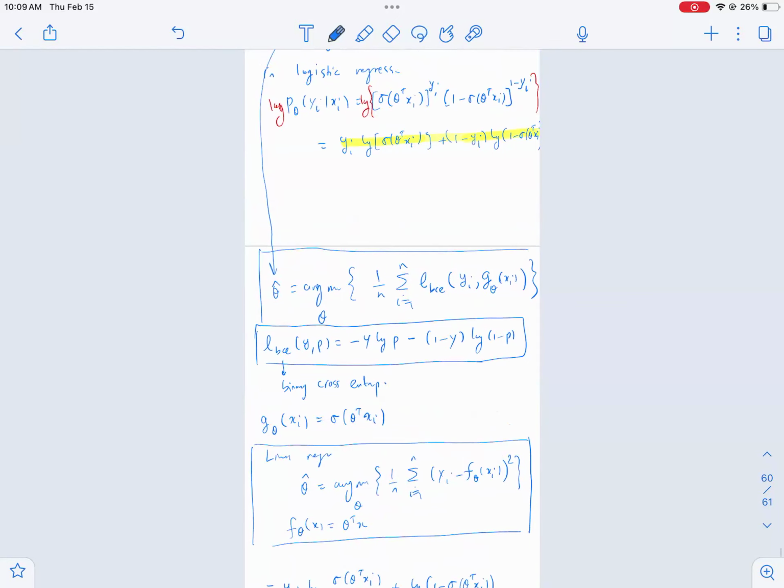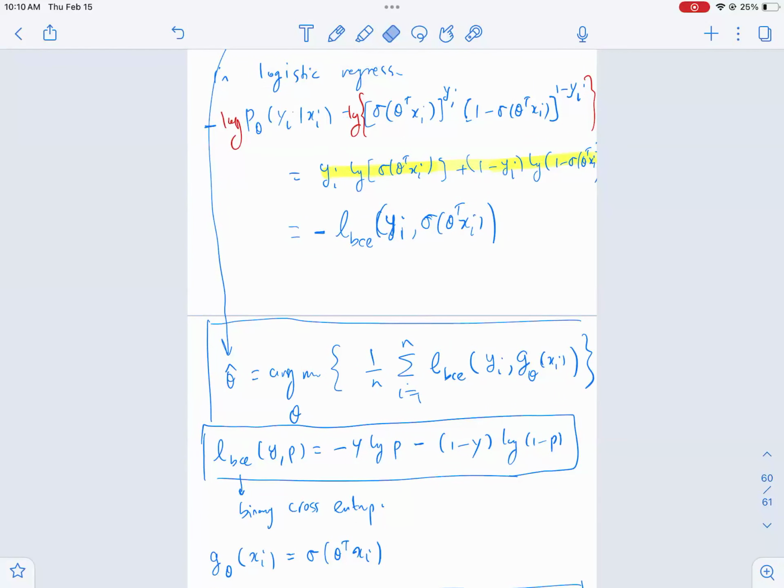So I wrote this as basically negative L_BCE of yi and sigma of theta transpose xi. Then I can simplify my life a little bit. Or let's say if I do negative here, negative would be negative here, and then negative here. This would be equal to.